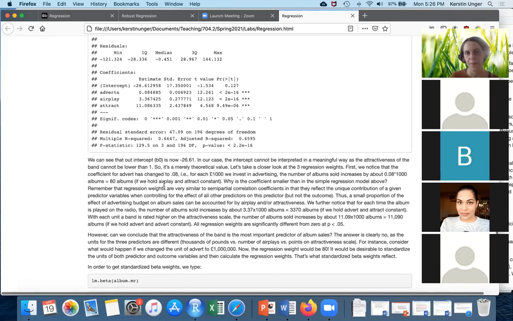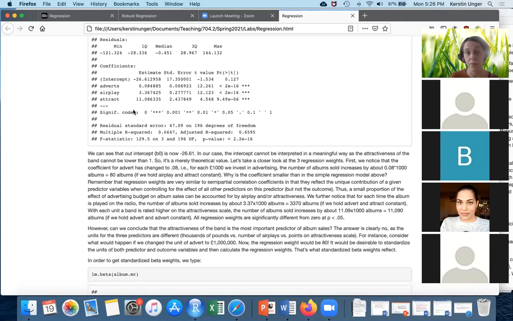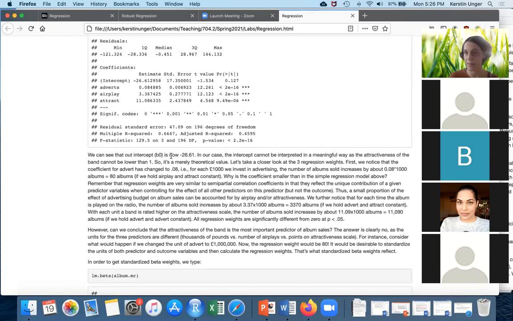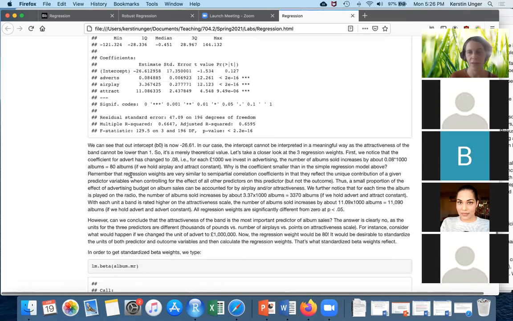It's basically just doing a Z transformation on all predictors and the outcome variable. Which means you bring them on the same scale, so they all have a mean of 0 and a standard deviation of 1. Then the regression coefficients express standard deviations: if you increase the predictor by 1 standard deviation, how many standard deviations does the outcome variable increase or decrease, depending on whether it's positive or negative.